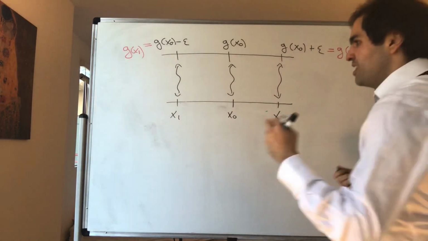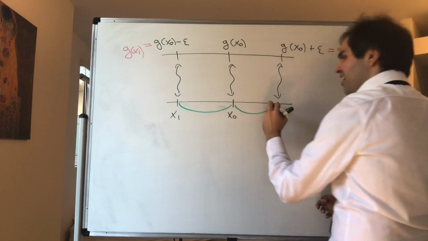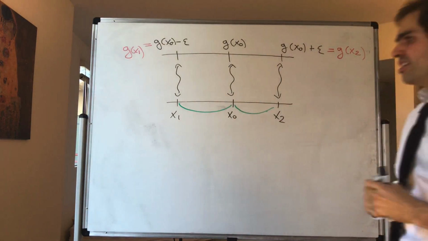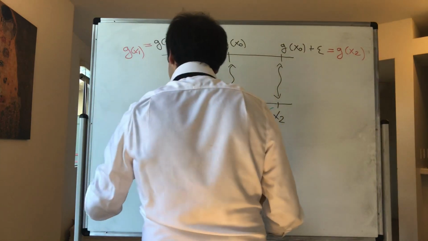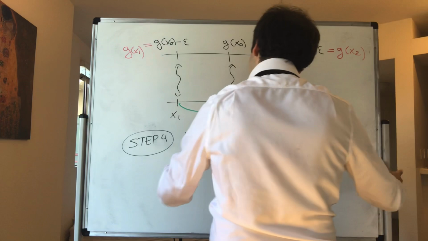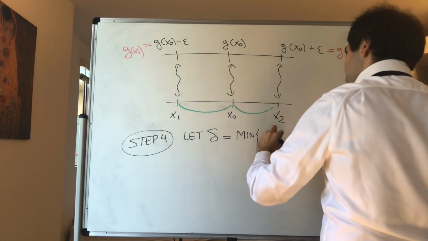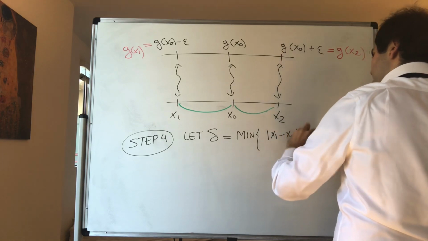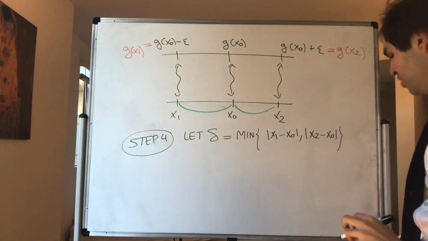Alright, and now we're finally ready to define our delta. So notice between x1 and x0, there's this distance here, and also this distance here. So just let delta be the smaller one of the two distances. So step 4, let delta be the smaller one of x0 minus x1 and x2 minus x0. And why do we do this?